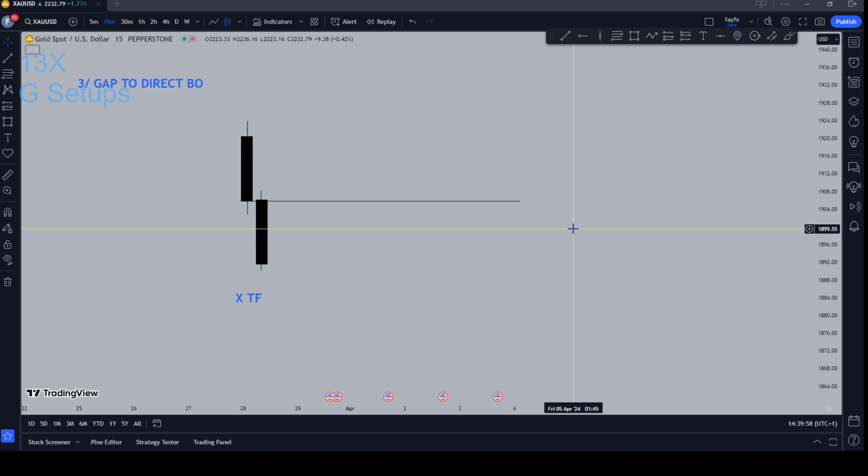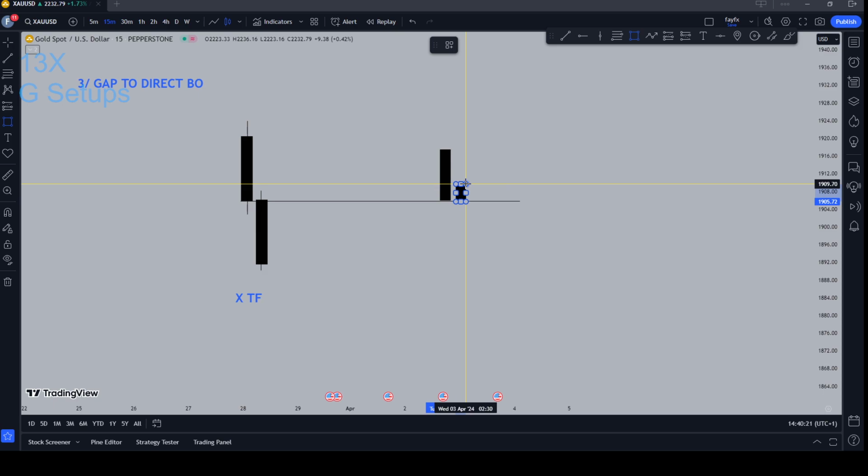A direct breakout is a classic level that got created and broken at the same time. I give you this example. This is what we call a direct breakout.